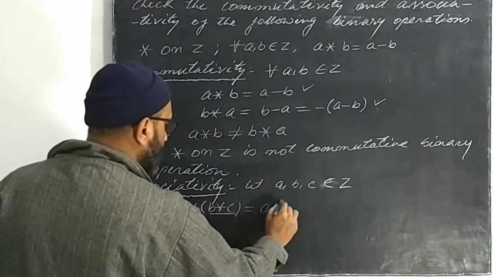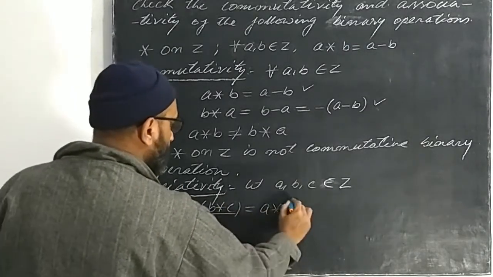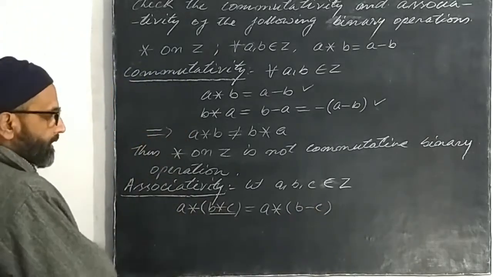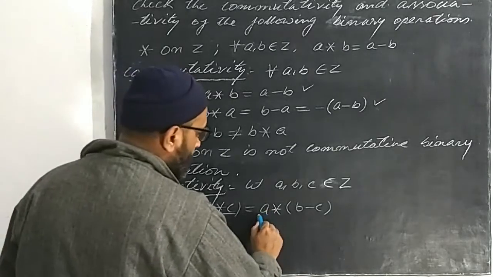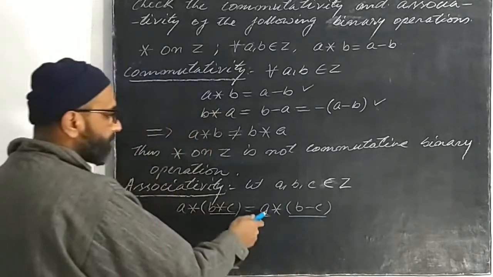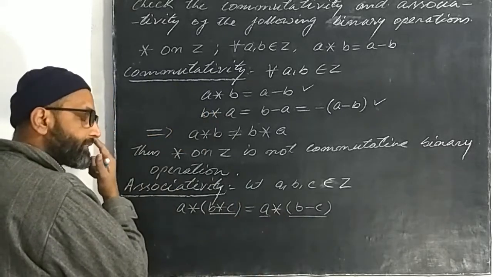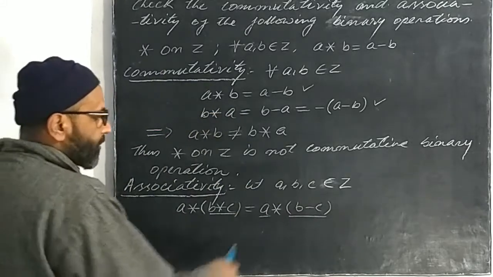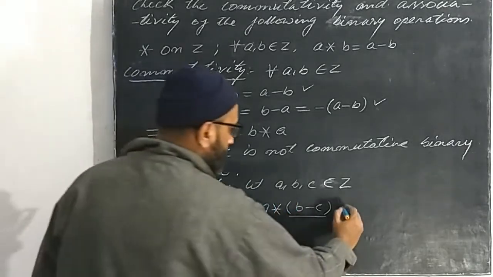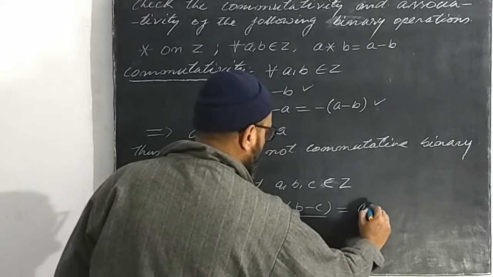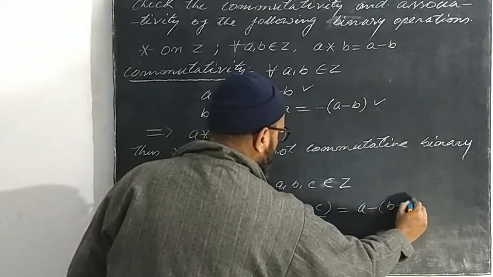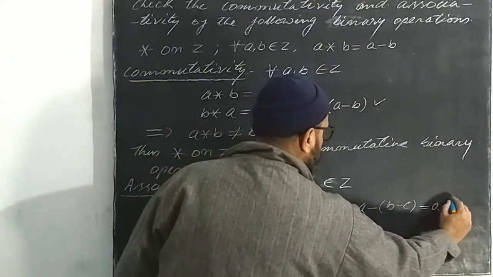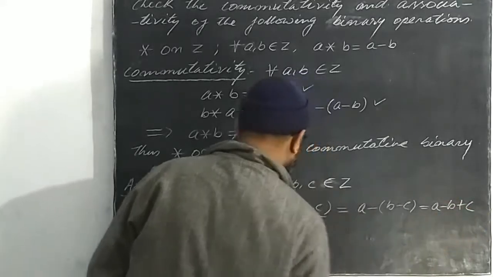So we get a star b minus c. Now we have to apply the same operation between these two elements. The first element is a and the second element is the bracket b minus c, and our operation is defined as the difference of these two numbers. So we write a minus bracket b minus c. If we open this bracket up, we get a minus b plus c.